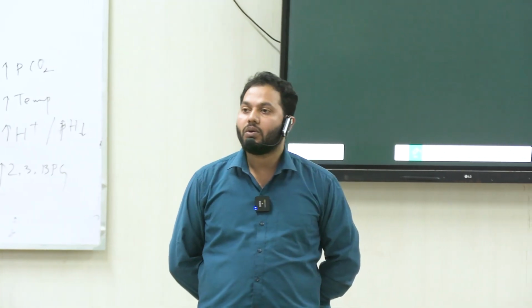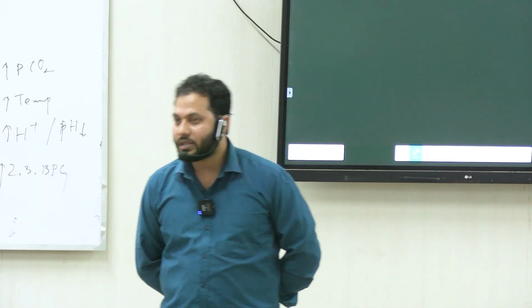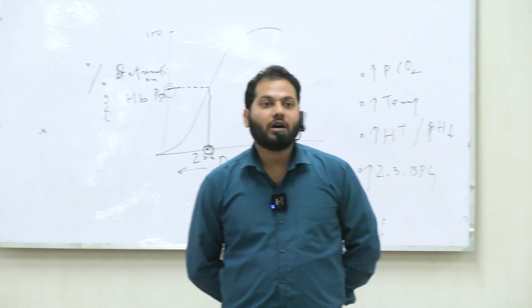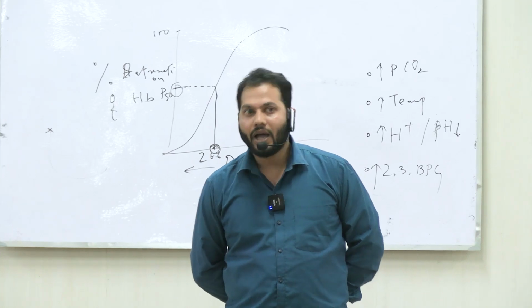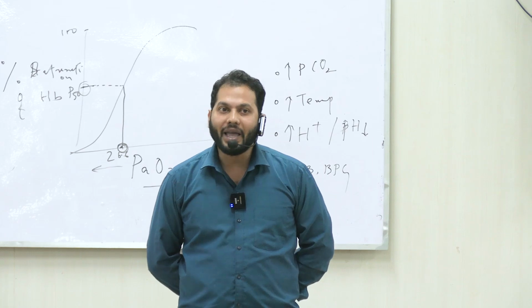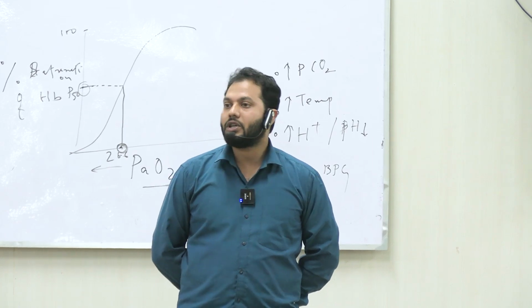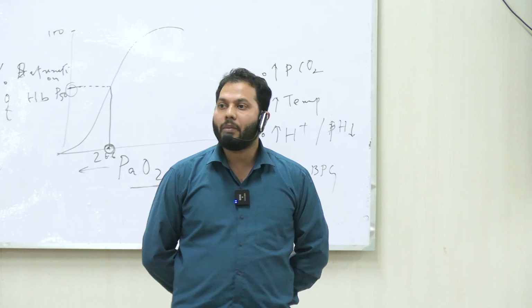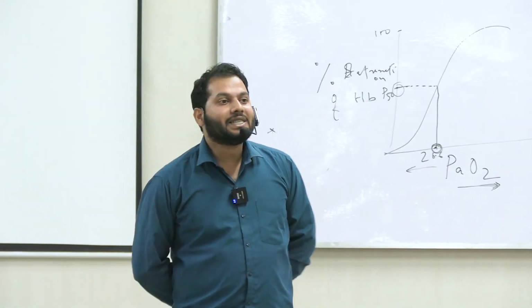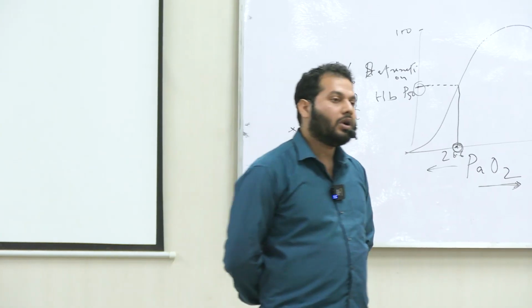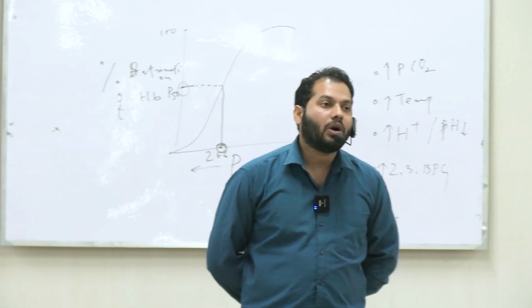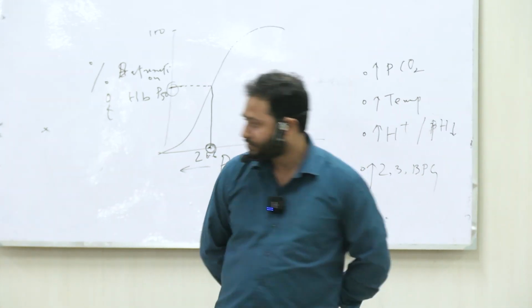Now the question is, what are the pressures at the arterial end, what is the total content of CO2 at the arterial end and at the venous end, and how do the partial pressures at both ends help in the transportation of carbon dioxide from the arterial end to the venous end, and ultimately from the systemic capillary to the pulmonary capillary, and from the pulmonary capillary to outside the body, right?